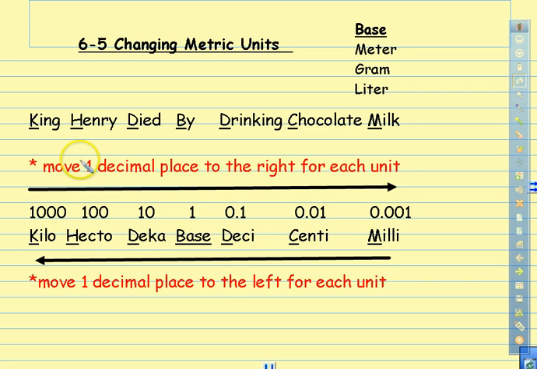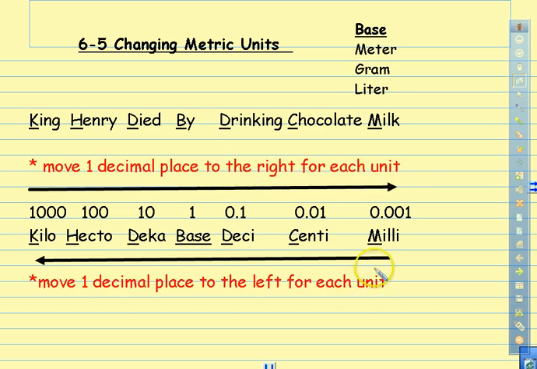For example, if we're going from decameters to centimeters, we move from deca 1, 2, 3 spaces, and since we move from deca to centi, we move it to the right. So you move 1 decimal place to the right for each unit of measurement.